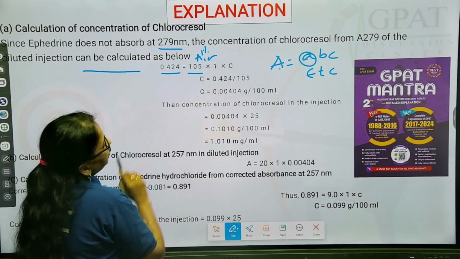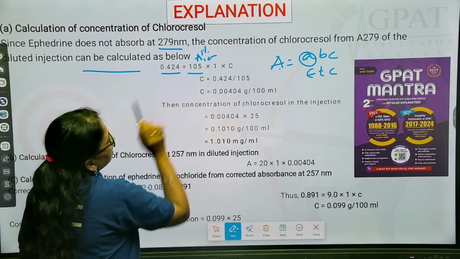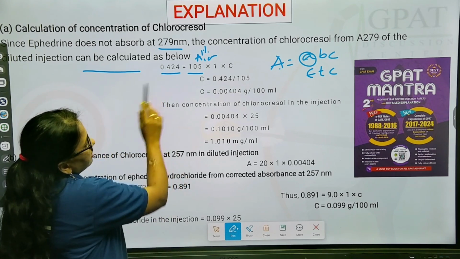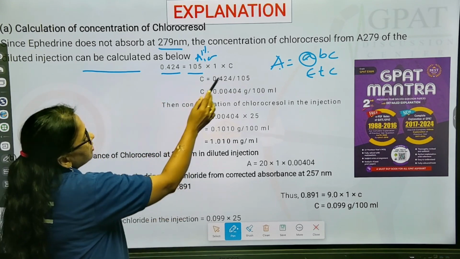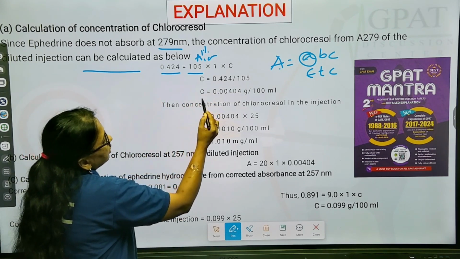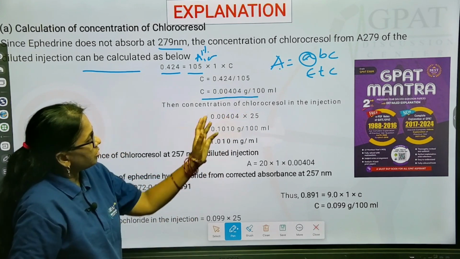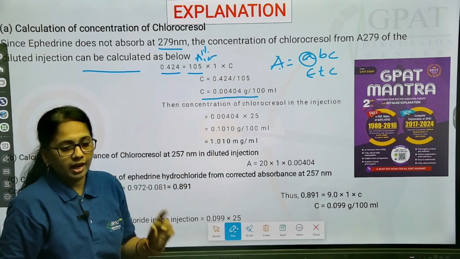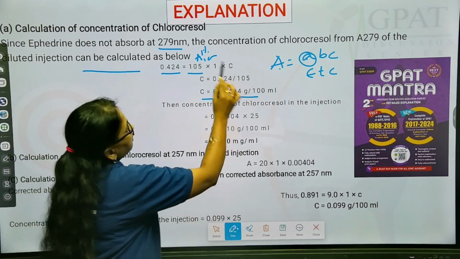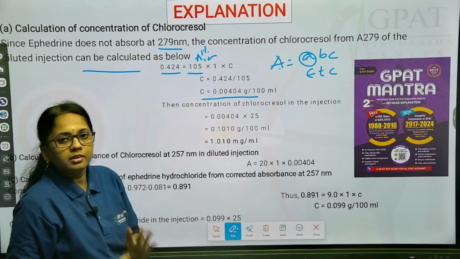Same thing here also we are doing. So this is the A 1% 1 cm and this is the absorbance value. From this, if you take out C, you can calculate 0.00404 gram per 100 ml, because 1% 1 cm means gram per 100 ml.